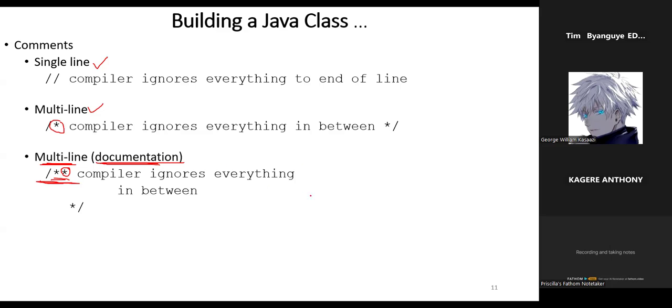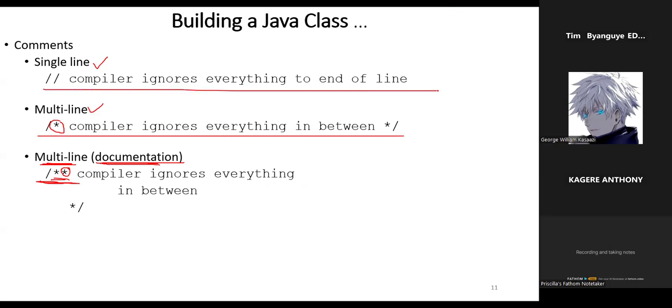So this is meant for documentation, maybe some sort of official documentation that will be generated and maybe converted into a PDF. These comments, you can't do anything with them. They remain within the program.